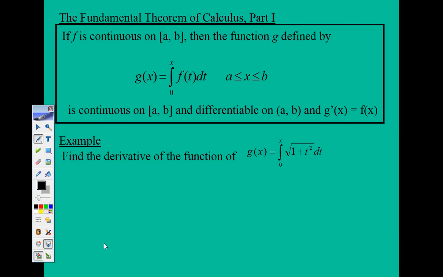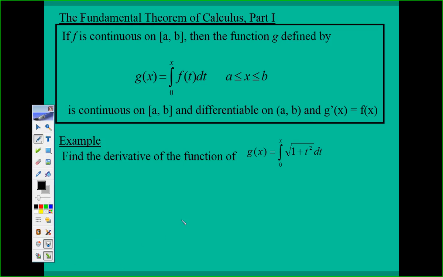Find the derivative of this function. Now if we look at the results up here, it says g prime of x equals f of x. So that indicates that if we want to find g prime of x, g prime of x should just be our integrand in terms of x.